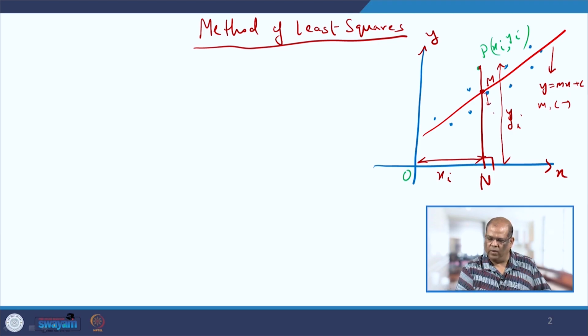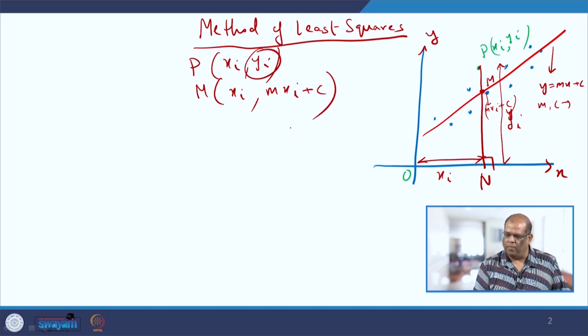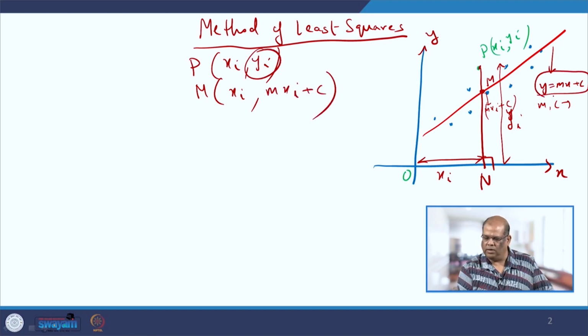So, this value is mxi plus c. The coordinates of p are xi, yi, whereas the coordinates of m are xi and the value approximated by the straight line, because it lies on the straight line.